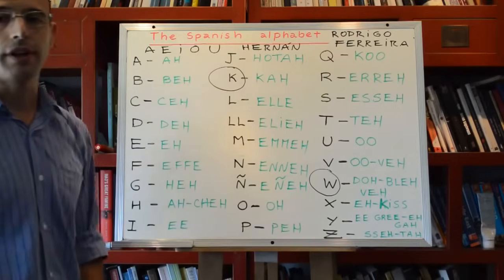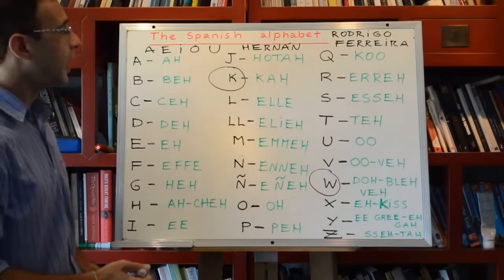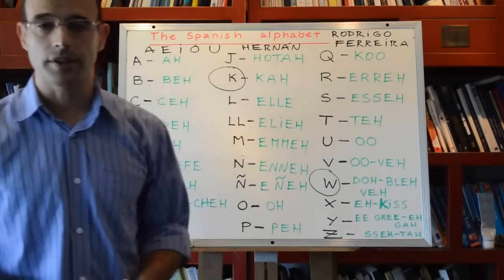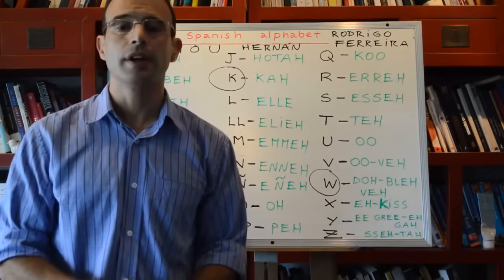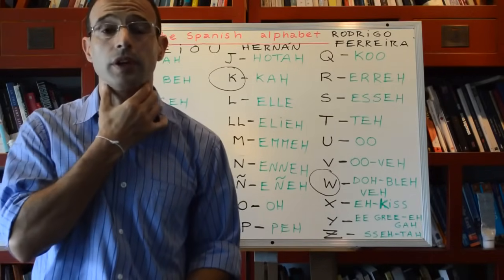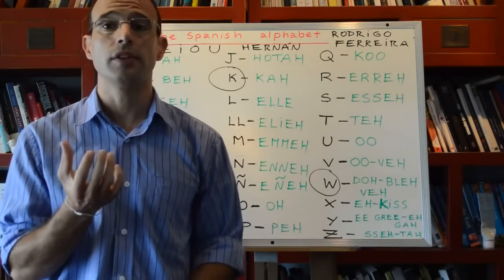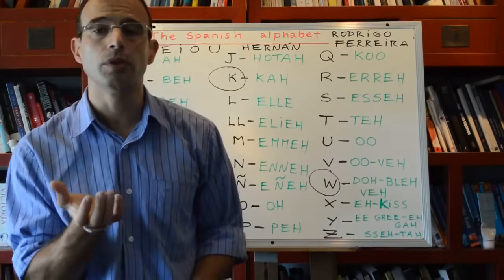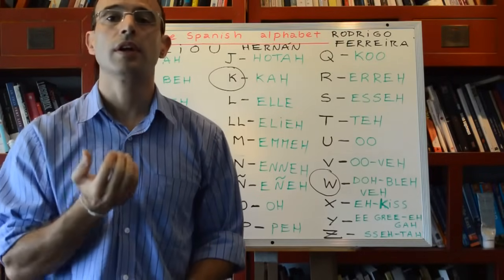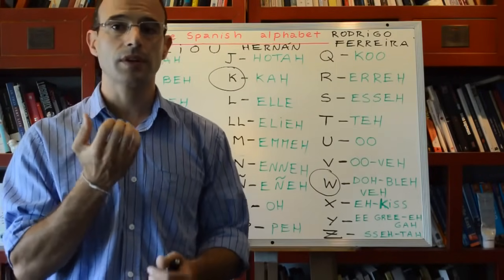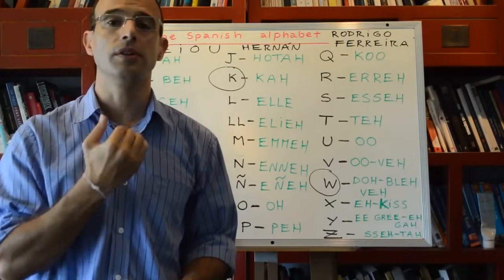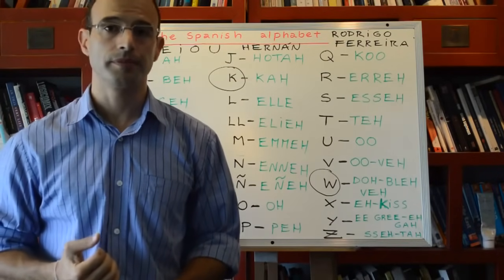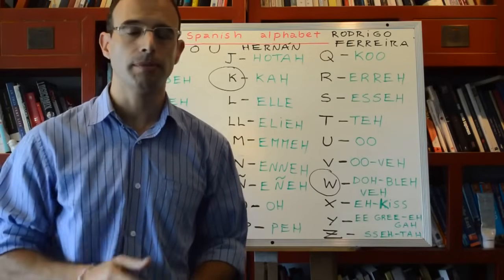Okay, Rodrigo Ferreira. So, how do you pronounce the R in Spanish? The English R is mainly pronounced with your throat, and the tongue goes rolled back, okay? You roll your tongue backwards, and it doesn't actually touch your palate, or only slightly, very in the back.